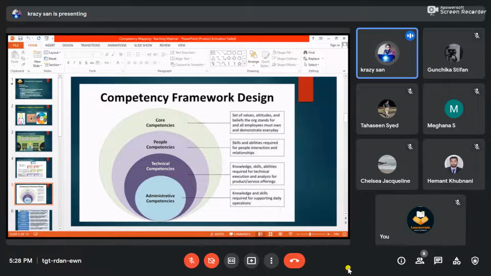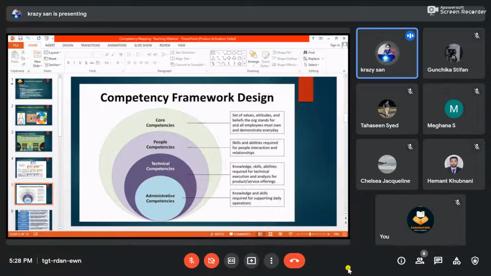Then comes people competency: how good you are with your skills and abilities in interacting with other human resources of your organization, whether at a junior level, senior level, or with your colleagues.